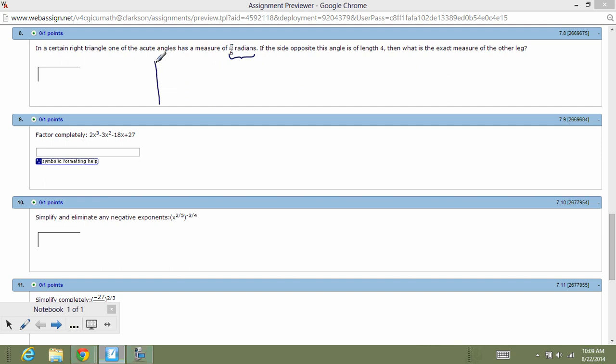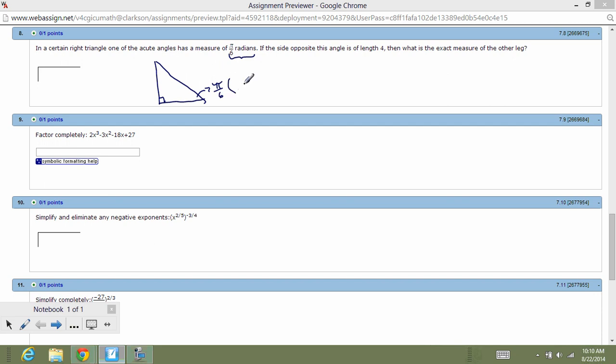So they're talking about some sort of triangle, a right triangle, of course. And so I'm identifying the right angle. And of course, when you draw a right triangle, you also have two other angles, which would be acute angles. And this is saying one of the acute angles has a measure of pi over 6.